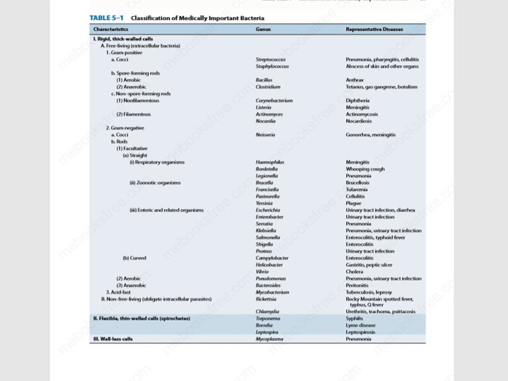And there is only one important example for the pathogens in the category of wall-less bacteria, which is Mycoplasma. Mycoplasma is related to atypical pneumonia, and it is the only known example of bacteria that do not have any cell wall.